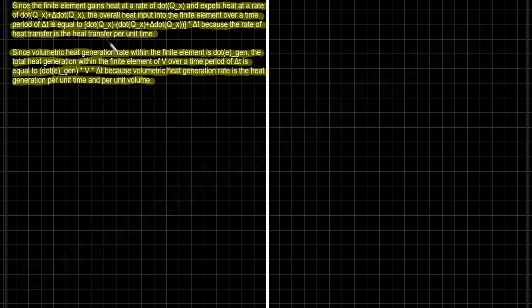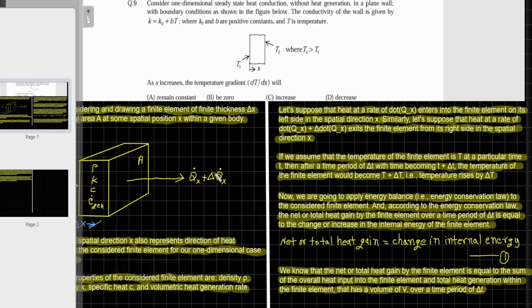now we know that the sum of this expression and this expression is equal to the net or total heat gain by the finite element. So we would plug the sum of this expression and this expression into the equation 1.